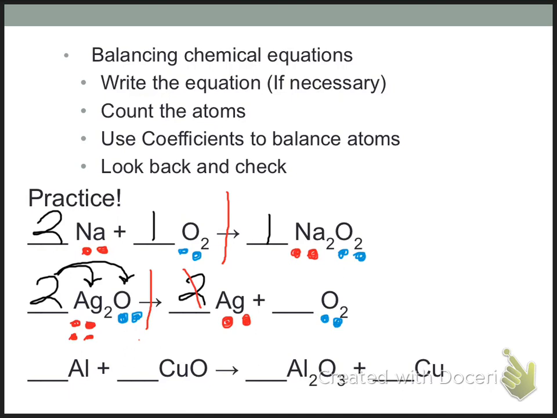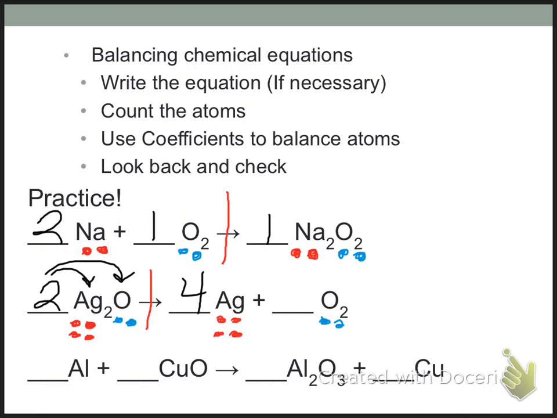Once I've changed it to a 4, now I have 4 silvers. So as I look now, I should have 4 silvers on the left-hand side, 4 silvers on the right-hand side. I have 2 silvers on the left-hand side. I have 2 silvers on the right-hand side.